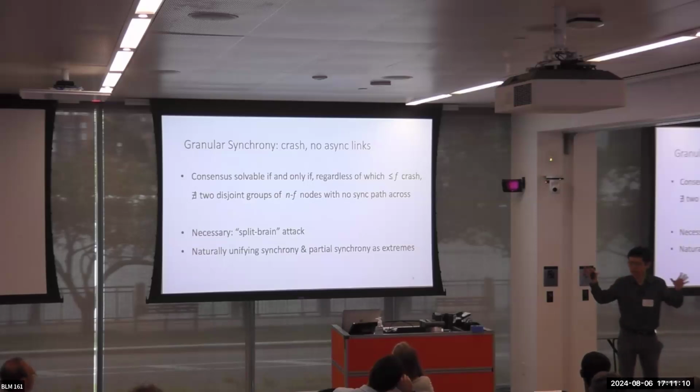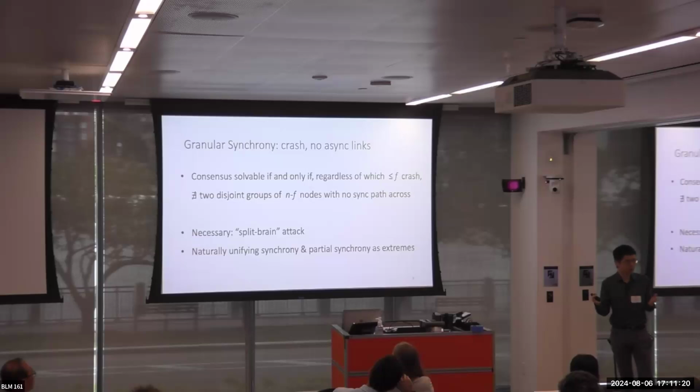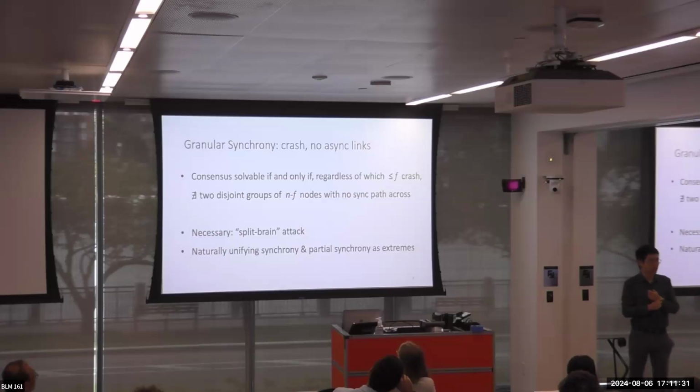Then of course you cannot find two groups of N minus F. As you can see, the model degenerates to synchrony on one extreme and to partial synchrony on the other extreme. If you have N and F in the middle of those two extremes, then this is the necessary and sufficient condition for solving consensus.